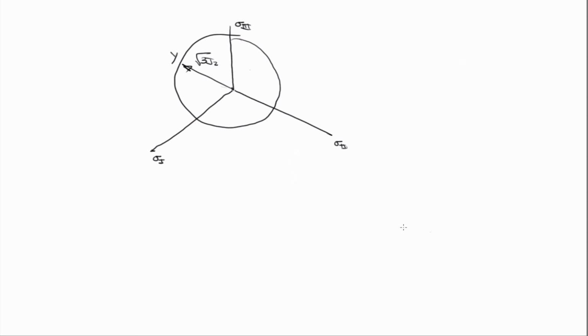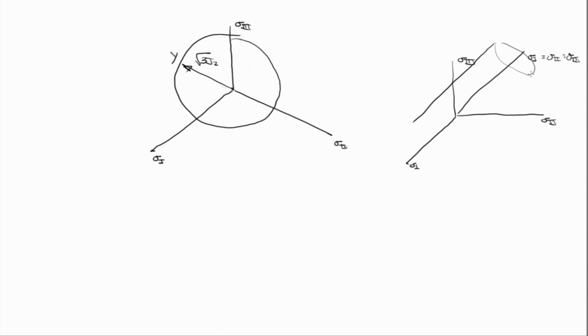If it's not clear what I'm drawing there, this is sigma 1, sigma 2, sigma 3. This is the line, sigma 1 equals sigma 2 equals sigma 3. And we have a sort of cylinder that's infinite in both directions. The radius of that cylinder is square root of 3J2.